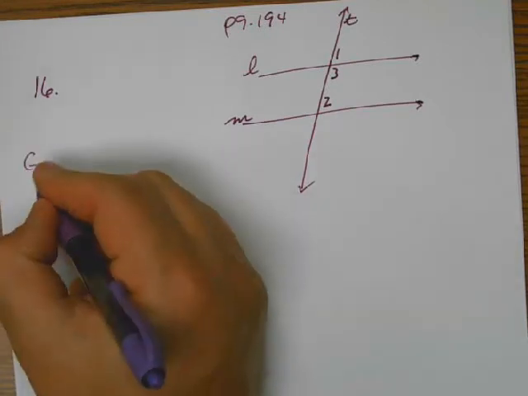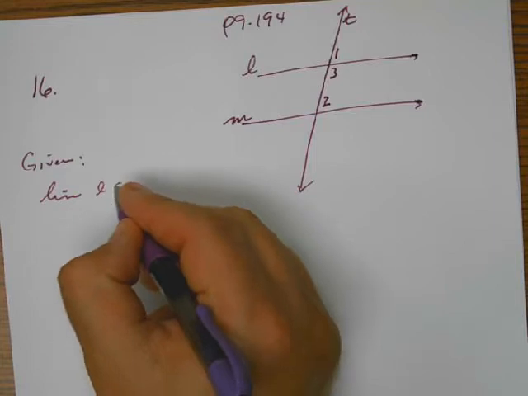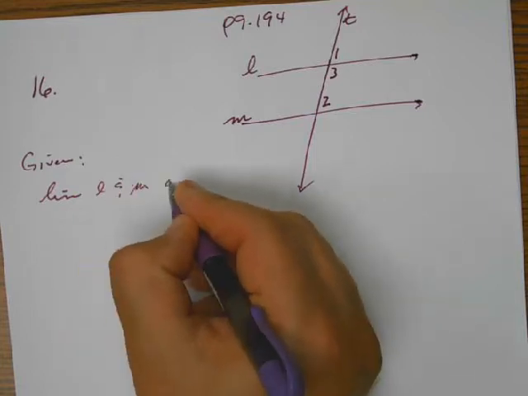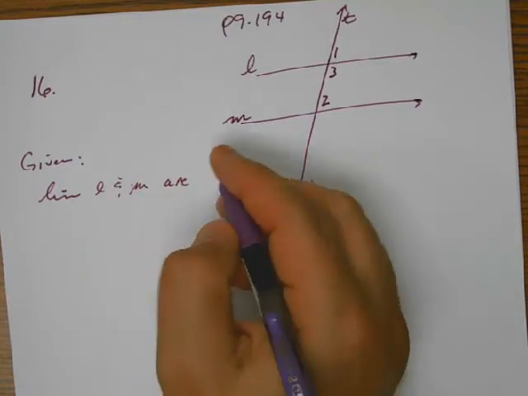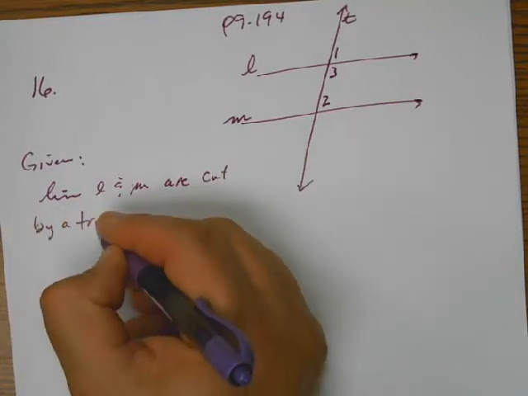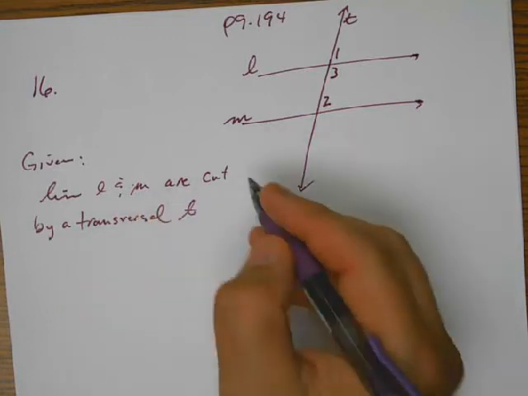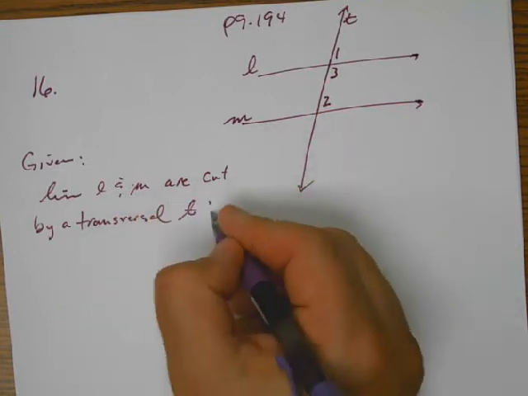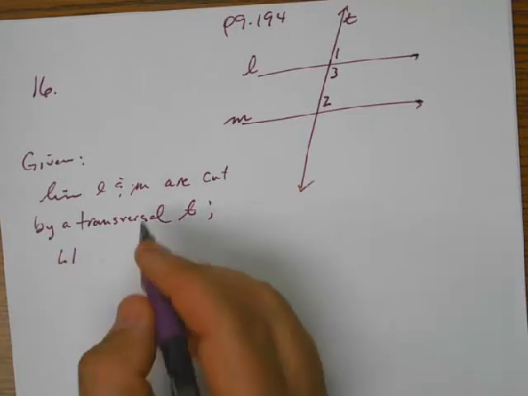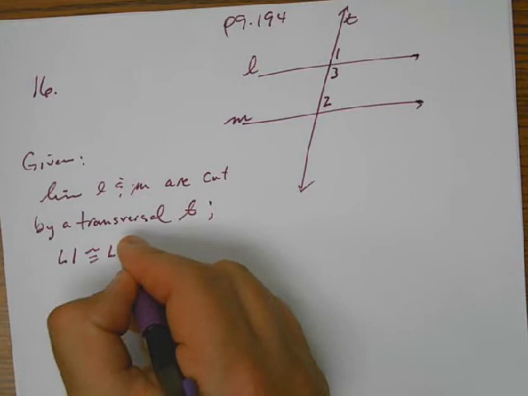It says, given over here that lines L and M are cut by a transversal T. And then it also says angle 1 is congruent to angle 2.